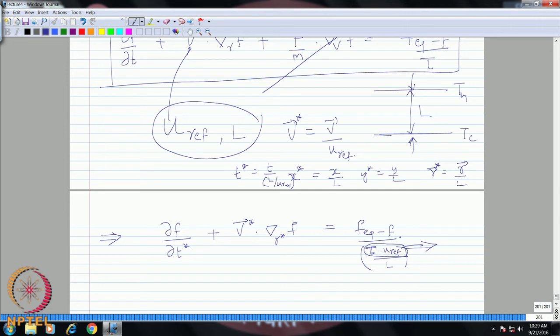So, how do you define this? What is the relation between relaxation time and mean free path? This is your mean free path, right. So, therefore, this is your mean free path divided by L. So, what is this? This is your Knudsen number.